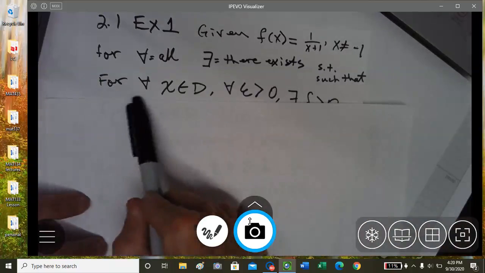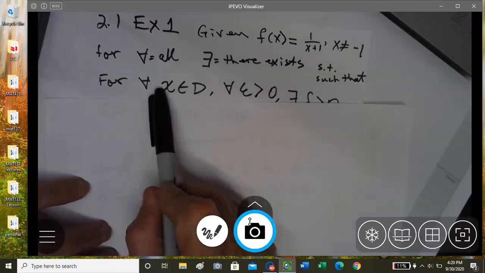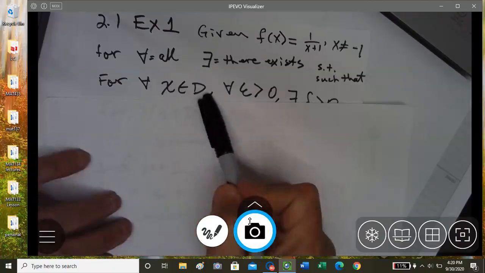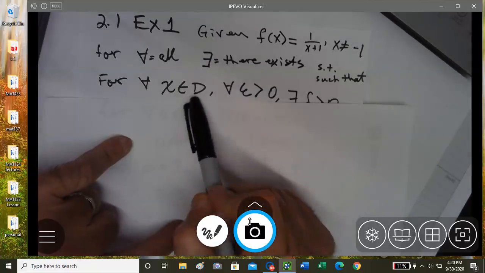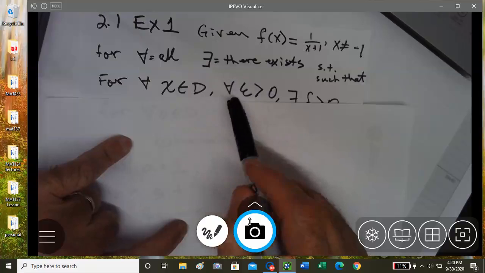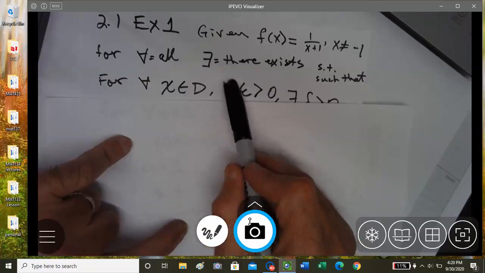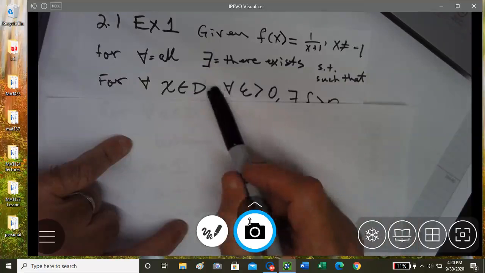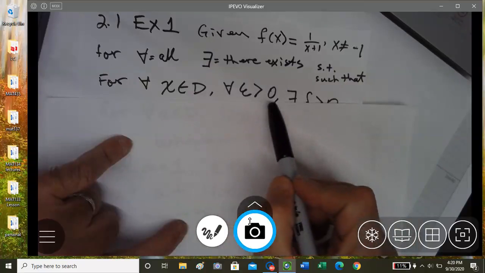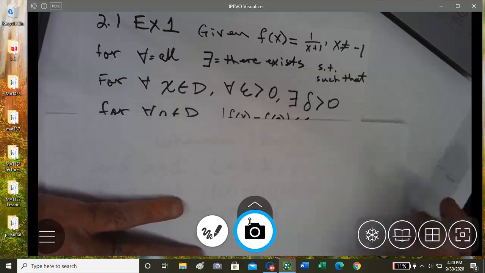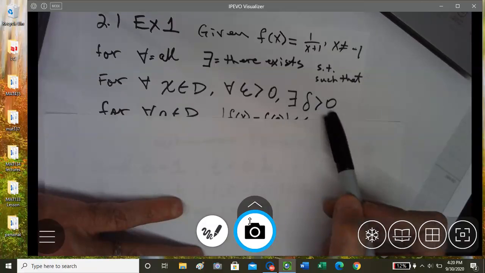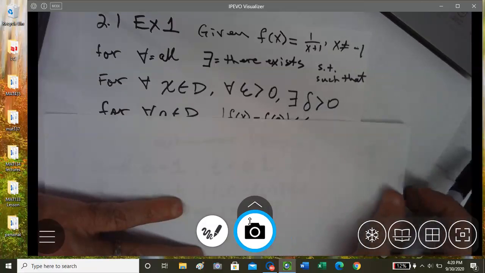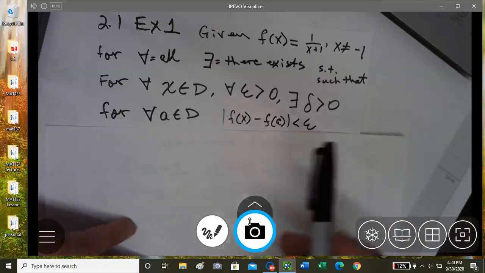So if we're looking at this for all x, which is an element in our domain D, or belongs to D, or is within D, and we also have for all epsilon that's positive or greater than 0, there exists a delta that is greater than 0, or there exists a delta that's positive as well.